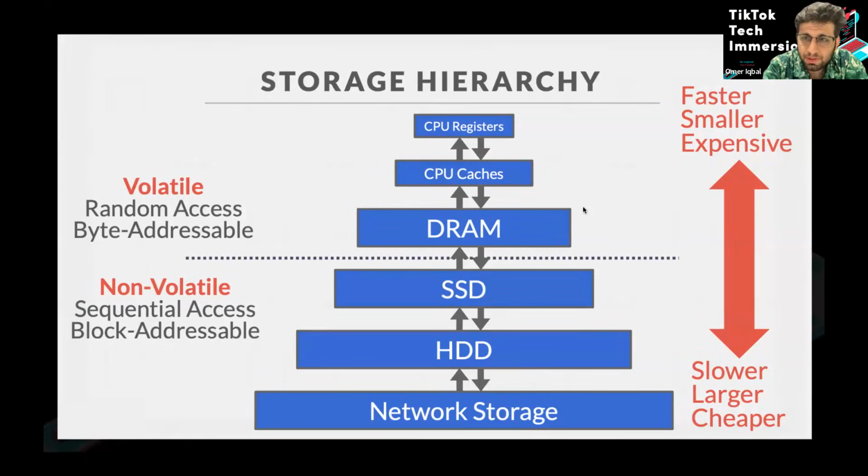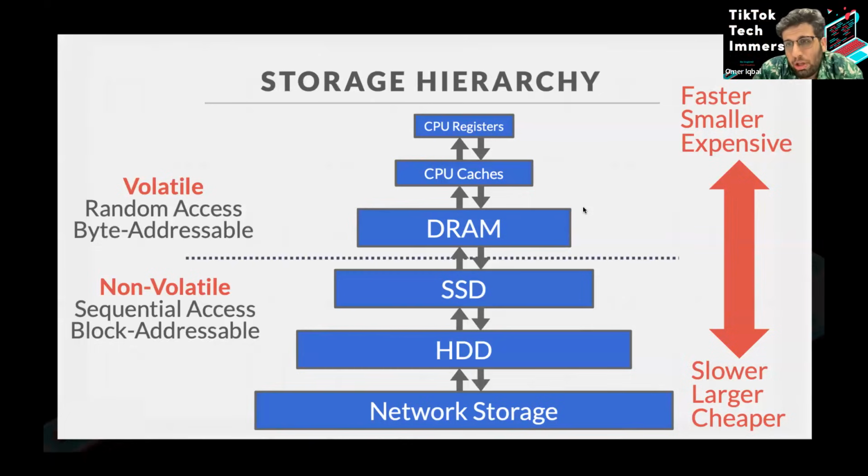However, for non-volatile storage, which is usually a bit slower, and also cheaper and larger, the way the hardware actually works is that normally you will access things sequentially. Random access normally will be very slow, and that's usually just not in line with how the hardware works.